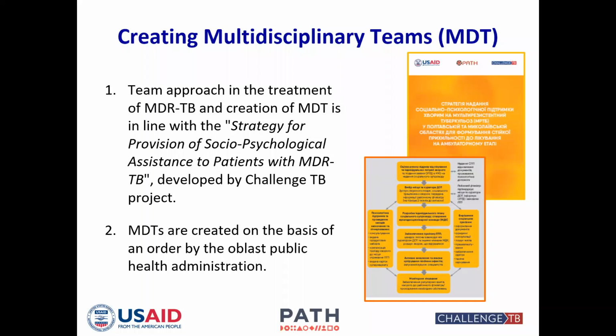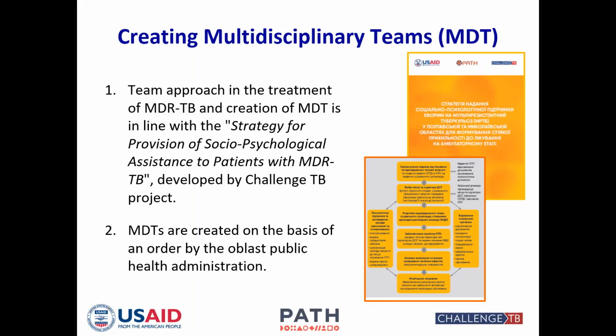First, project partners conducted a thorough barrier analysis about social, psychosocial, legal, and other problems that cause treatment defaults, and all the involved partners, meaning TB doctors, primary healthcare providers, and social workers, agreed on algorithm and their roles of providing supportive services.